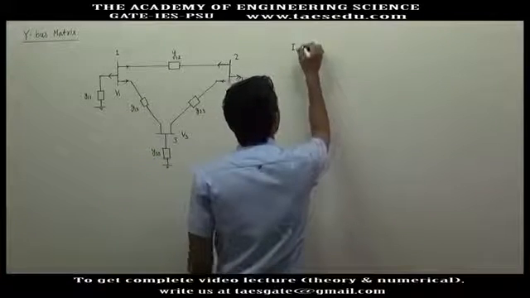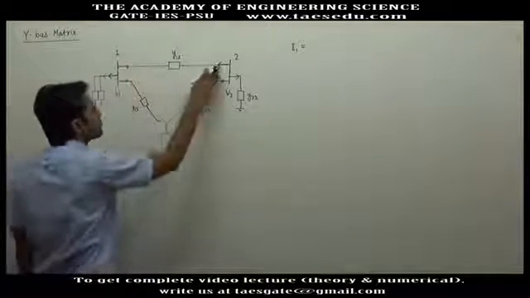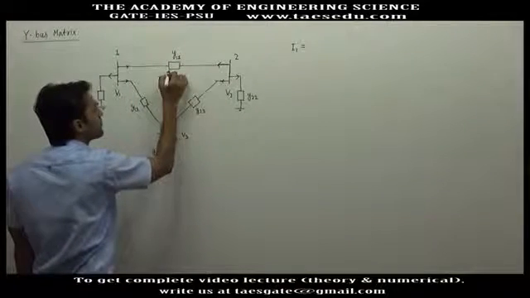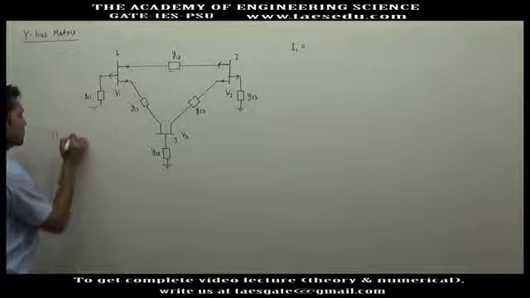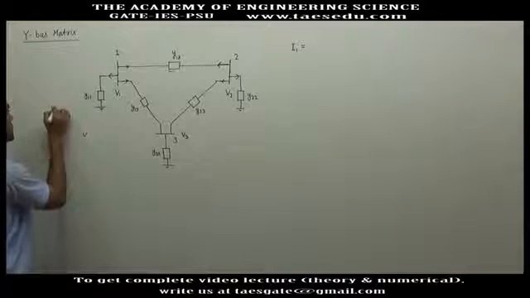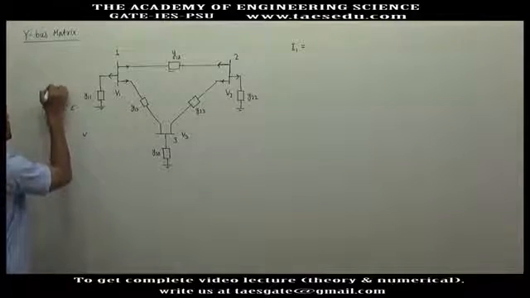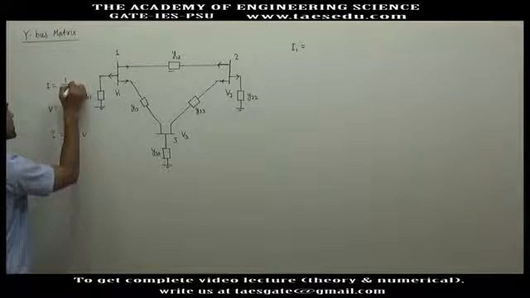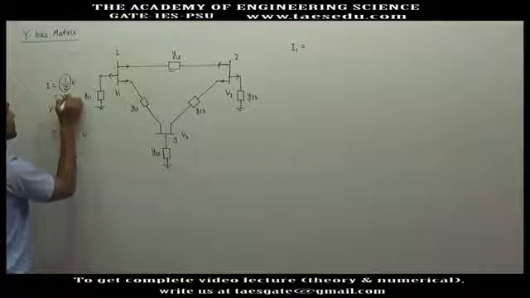Now what will be I1? If the voltages at two buses are known and the admittance is known, what will be the current in terms of voltage? Voltage is nothing but I into impedance. So I will be 1 upon impedance into voltage, and 1 upon impedance is admittance.